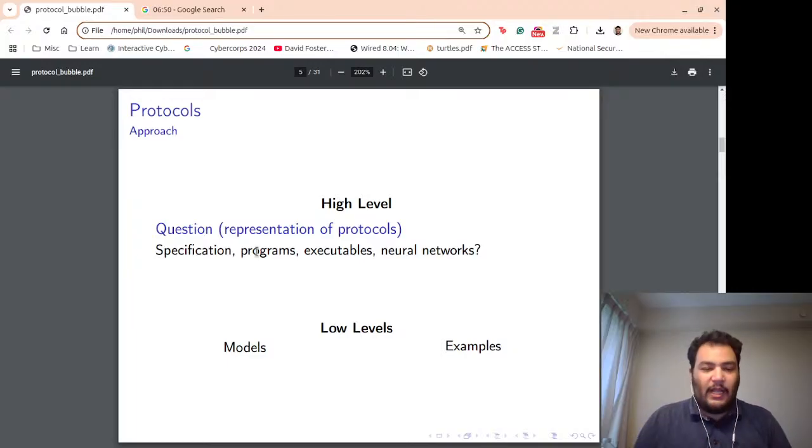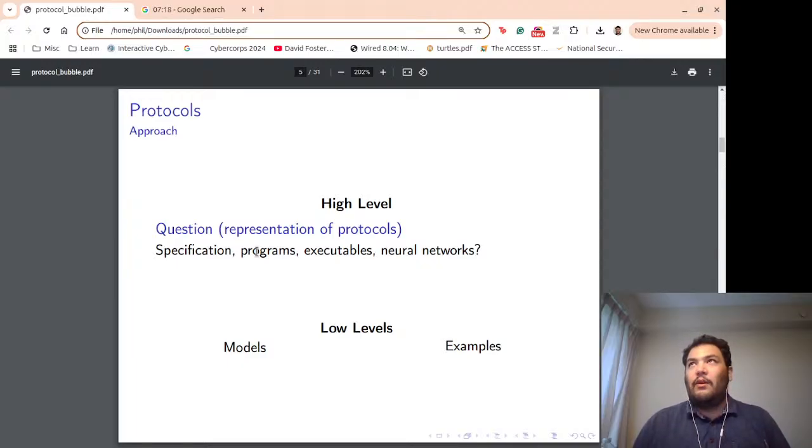At a super high level, it's just a specification that you want some things to happen. These message passing systems are implemented with computer programs. So at some levels, it makes sense to model that explicitly. At the end of the day, these things actually run. So there's executable software running on real hardware. So that's one level of analysis that you could think about.